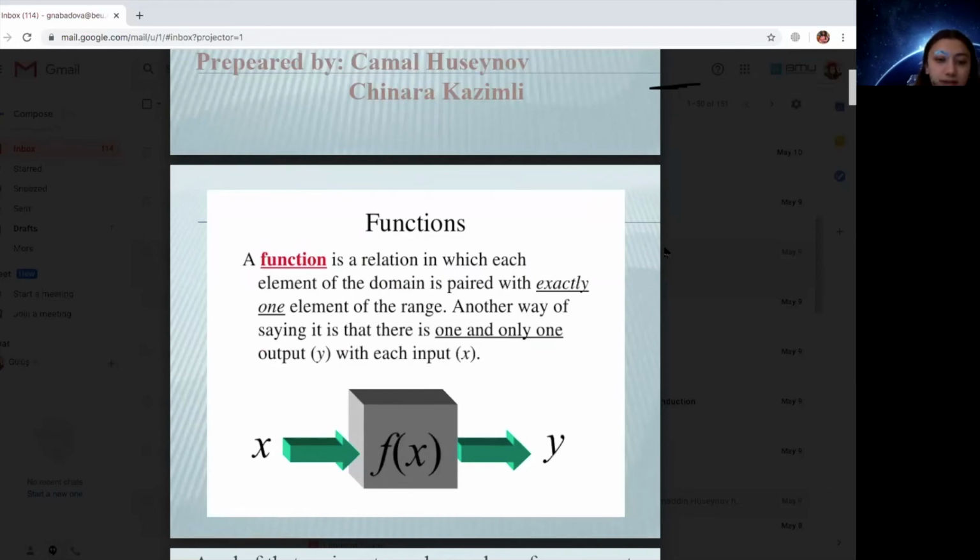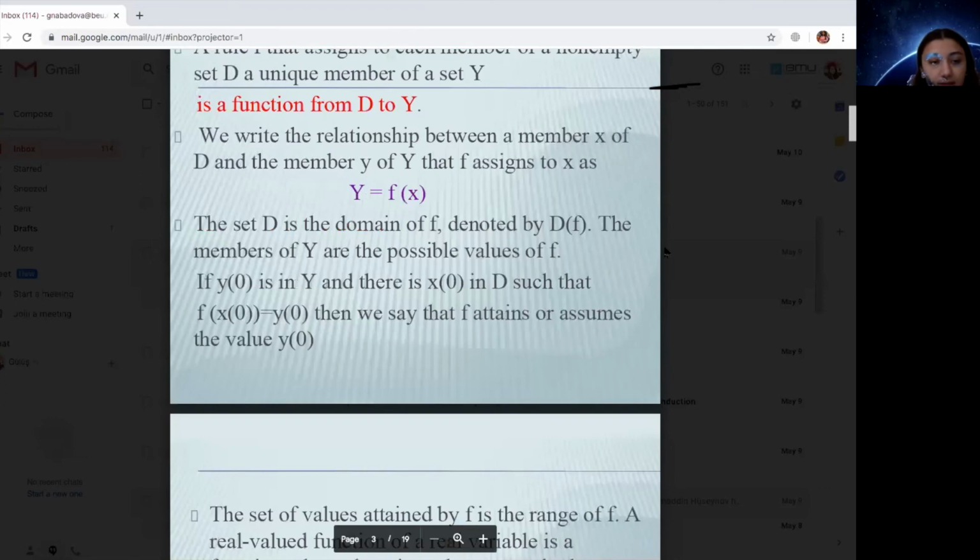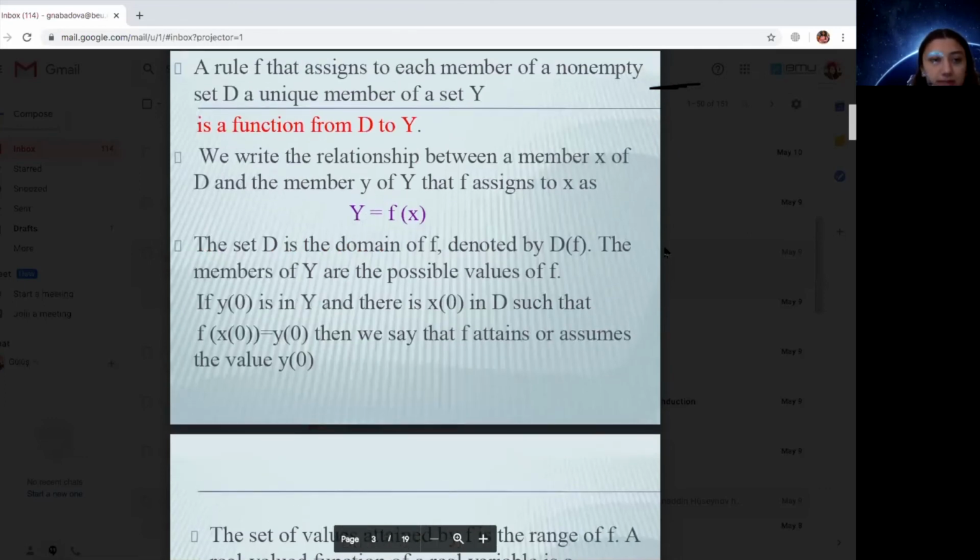Now let's change to the other slide, please. There are some rules about this. A rule f that assigns to each element of a non-empty set D a unique element of a set Y means it's a function from D to Y. For example, if y equals f(x) is given, the set D is the domain of f, denoted by D(f).